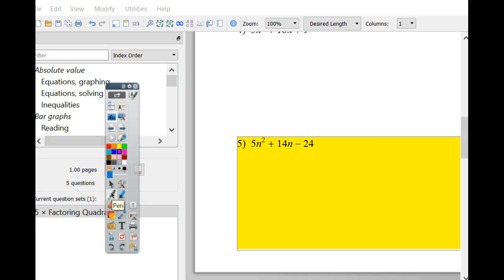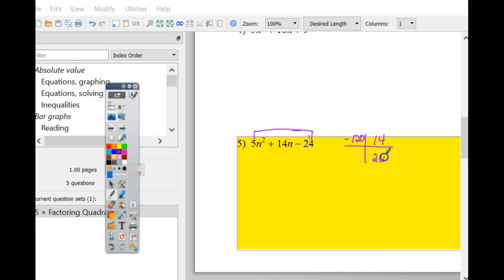So problem number 5, if I take a times c, I'm going to get negative 120, and my b is 14. So I want factors of 120 that will add to 14.